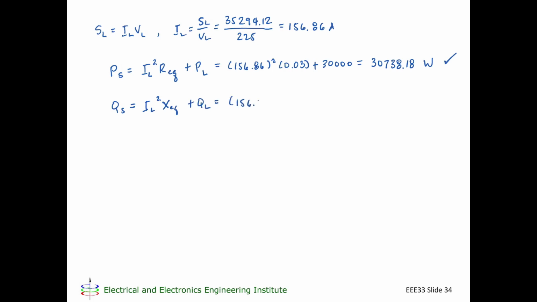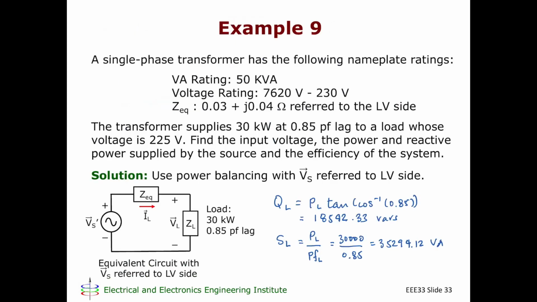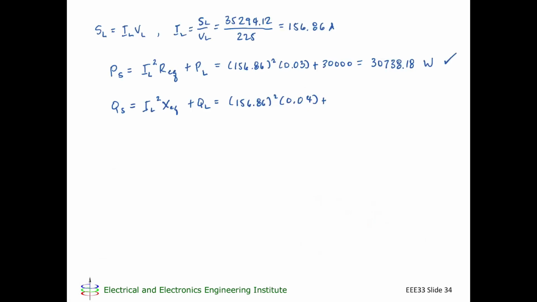So this is 156.86 squared times 0.04, plus, we previously computed 18592.33. And I'm going to get 19576.57 var. Okay, so two down, two to go.